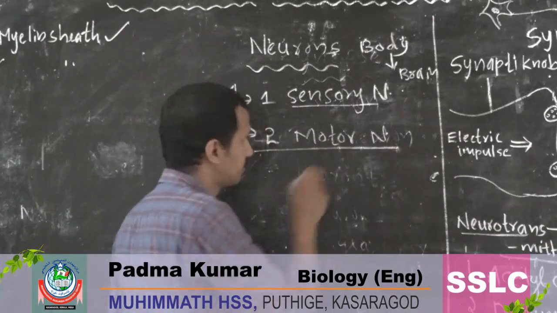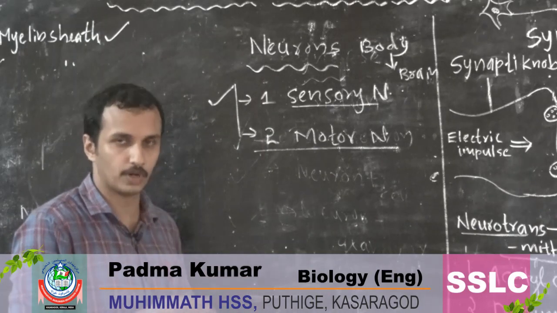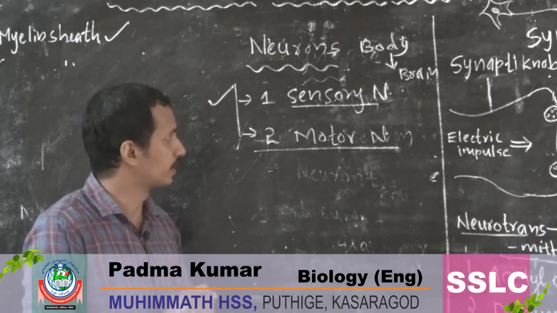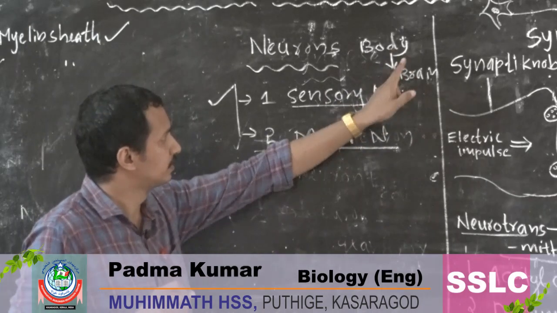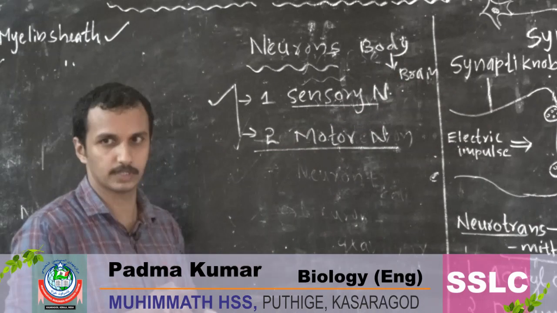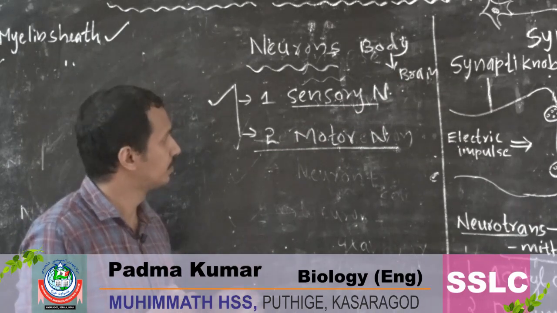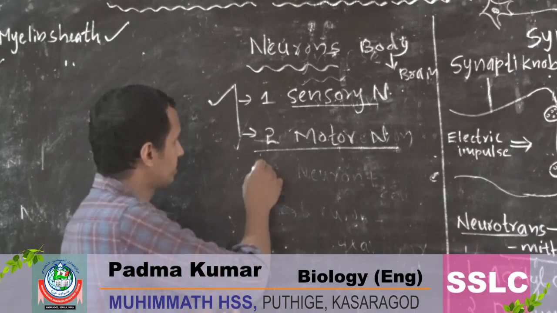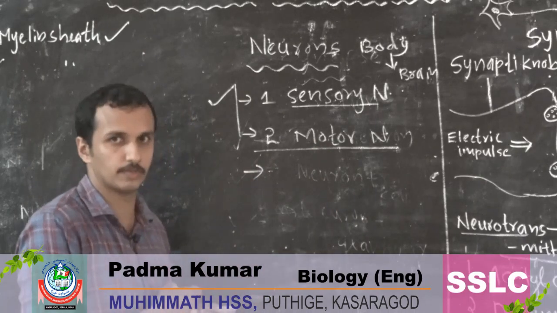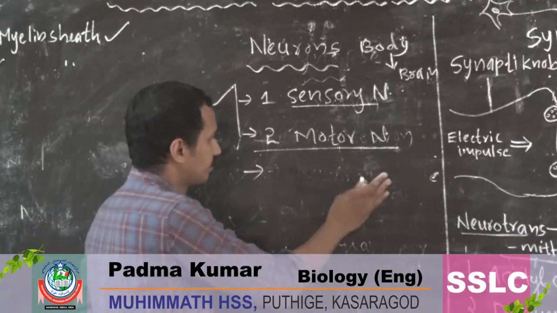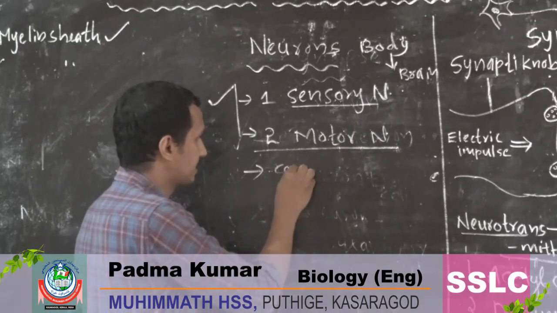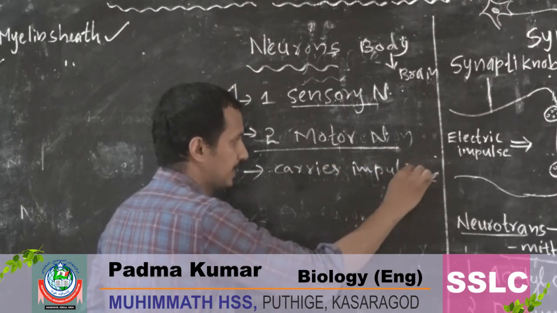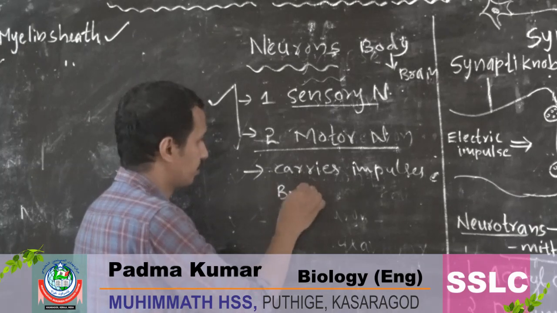Similarly, you can write the function of the motor neuron. We already discussed that the brain controls and coordinates all the functions of our body. So one message has already reached the brain. Now let us discuss the function of the motor neuron. Usually the motor neuron carries impulses or messages from brain to body part.